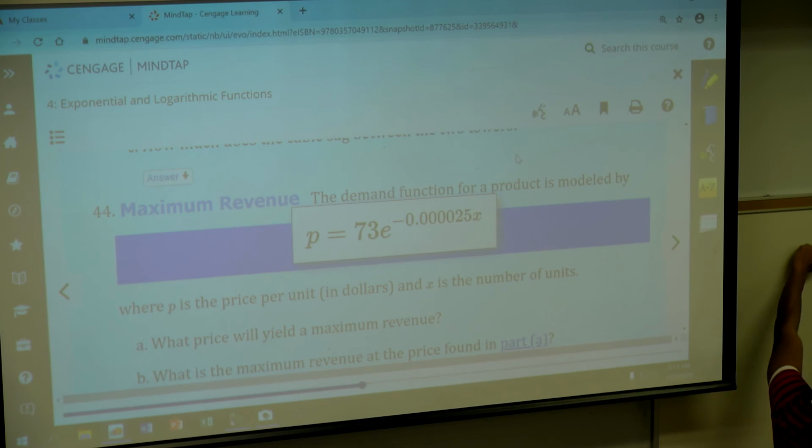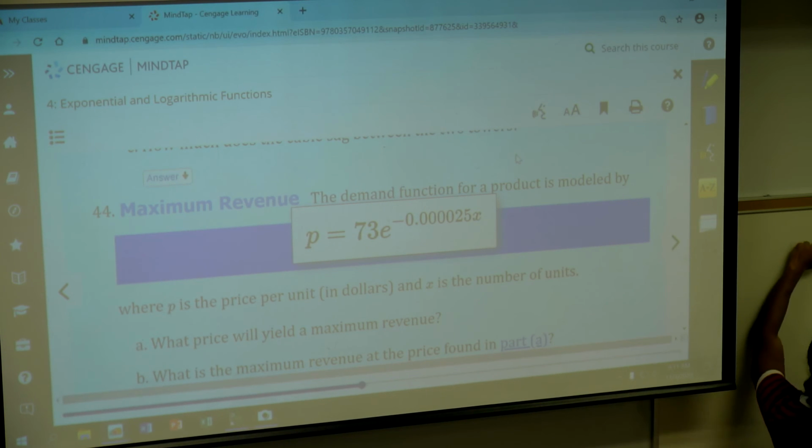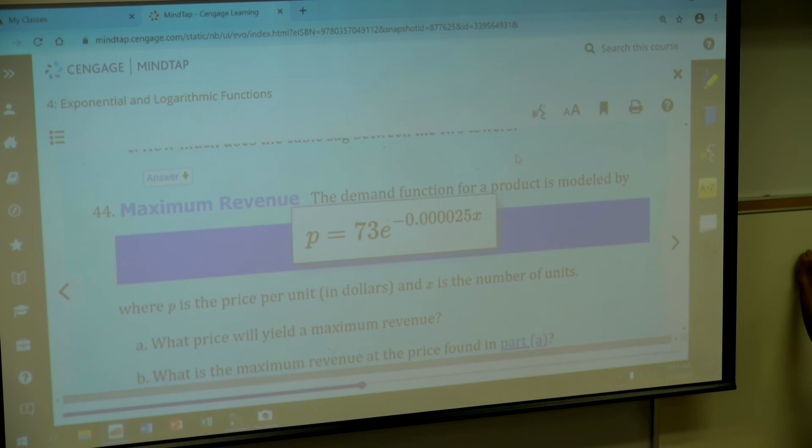So r prime of x would be u multiplied by v prime, plus v multiplied by u prime.